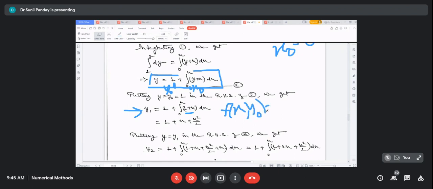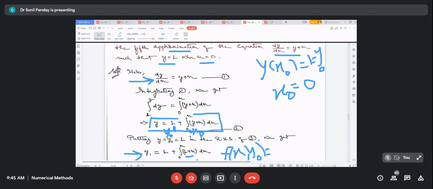What is f(x, y naught)? Whatever is on the right side of dy/dx is f(x, y).